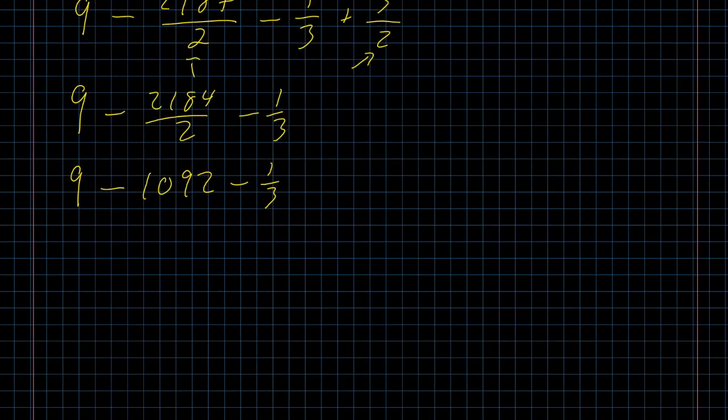And then I can do 9 minus that to get negative 1,083. And unfortunately, nothing else I can do here, so just multiply by 3 to get common denominators, then subtract. I get 3,248 over 3 as the final answer.